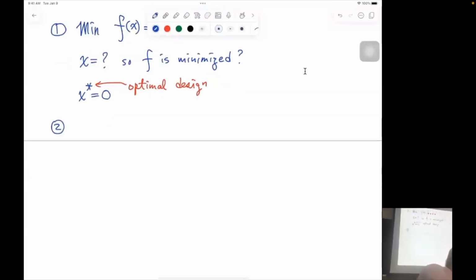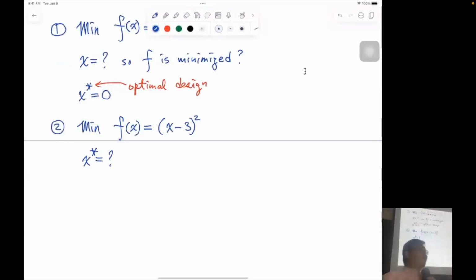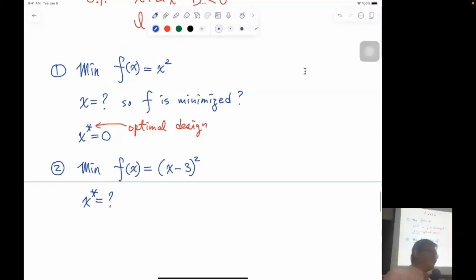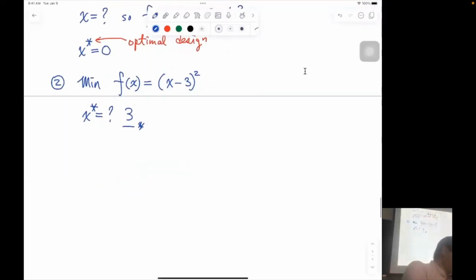Another example: minimize f of x equals to (x minus 3) squared. So what is the optimal? Anyone? Very simple. Yeah, so easy. Someone already feels like I'm giving stupid questions. Okay, how about this?